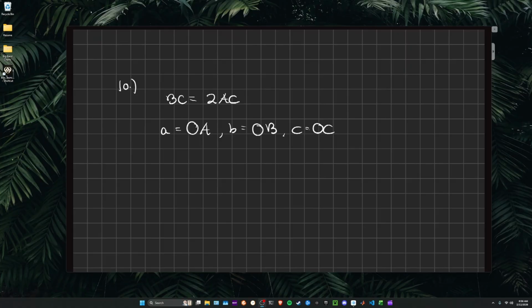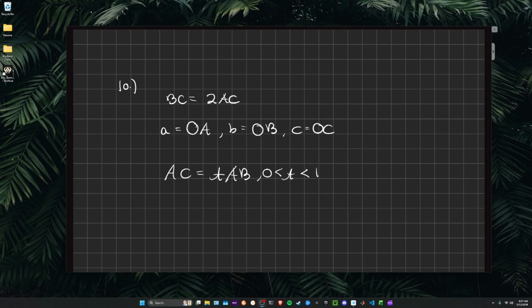Because C is on the segment AB, AC is the same as AB up to some constant multiple, which I'll call T in this case. This would be for some T that's greater than 0 but less than 1.